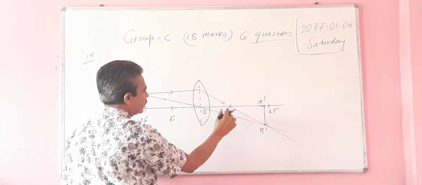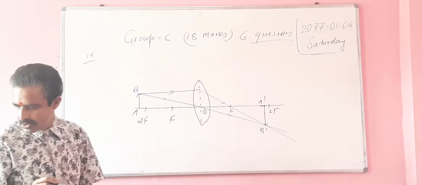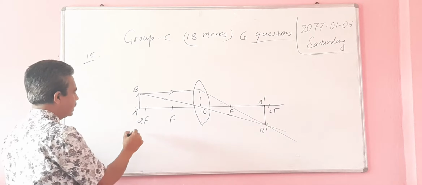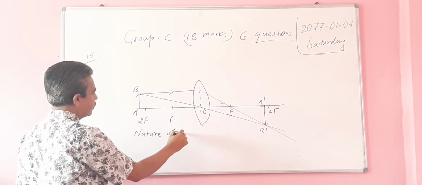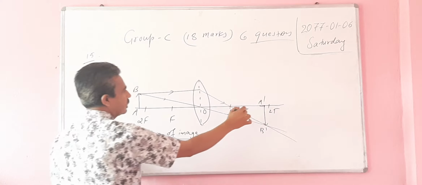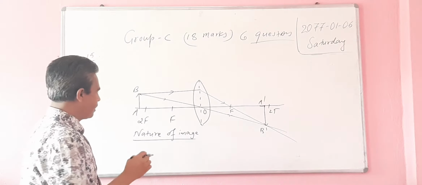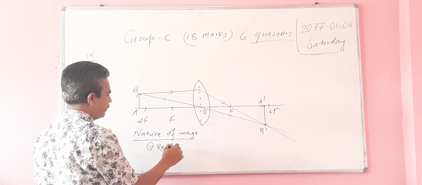It seems a bit unclear. Right, here F. And the question says, what type of image is formed? Nature of image. What do you think? Is it a real image or a virtual image? Right, it is a real image.